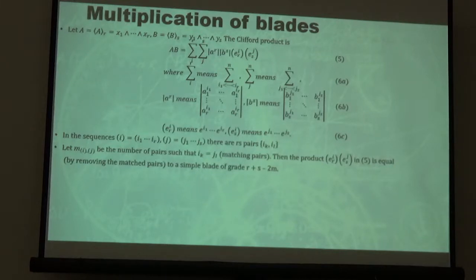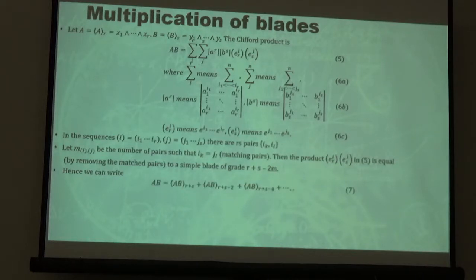So by removing the matching pairs we get a simple blade of grade R plus S minus 2n. So the minus 2n is for each matching pair that comes up. We're going to subtract off each matching pair.